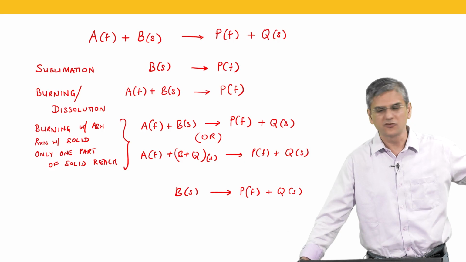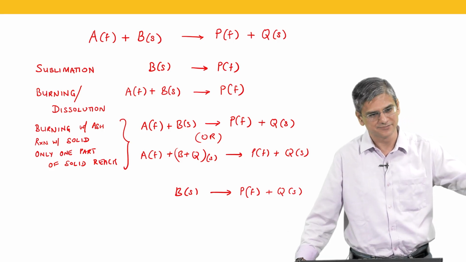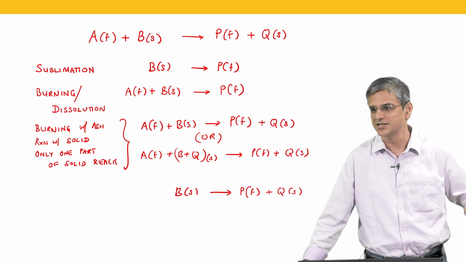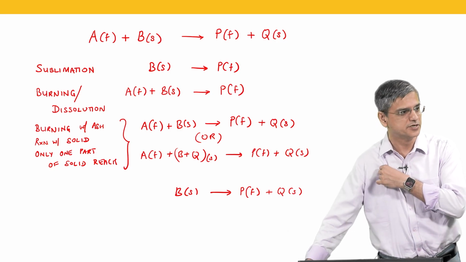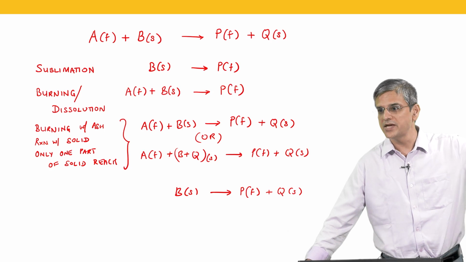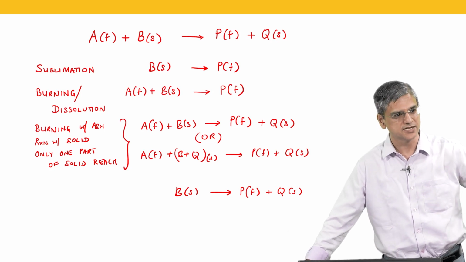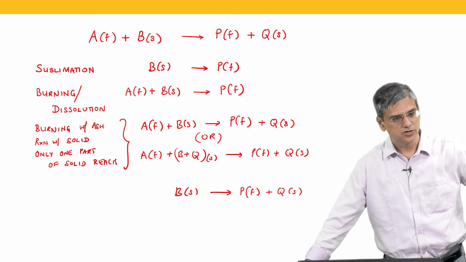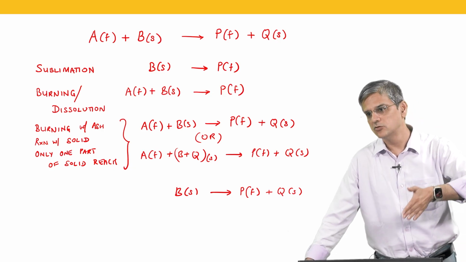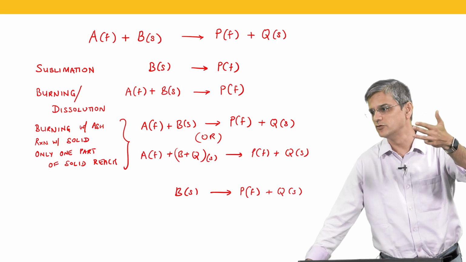If the solid is not present in the reacting part, this is not covered in module 6. It doesn't mean that all reactions must have solid. So we have a solid that is reacting in module 6. We may or may not have a fluid that is reacting. The products that are formed could be either solid or fluid or both solid and fluid.